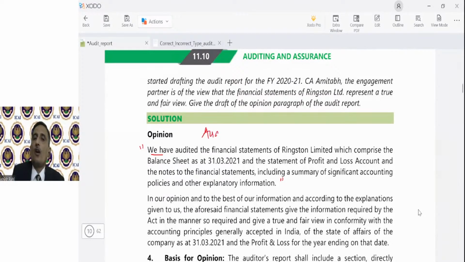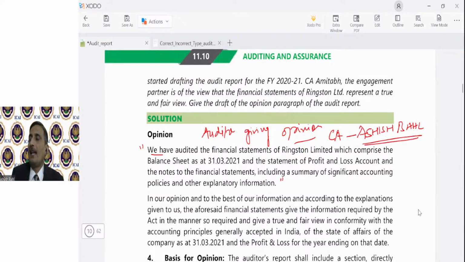So this is the auditor giving his opinion. You can assume that this is CA, myself, CA Ashish Bahl, giving opinion. Assume that. Okay? It is on my letterhead and I am giving opinion.